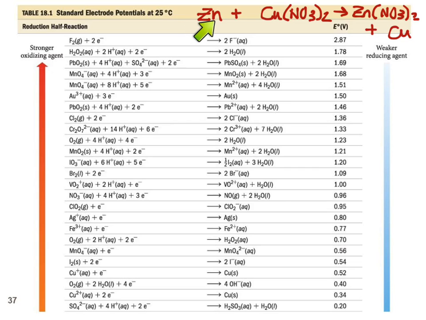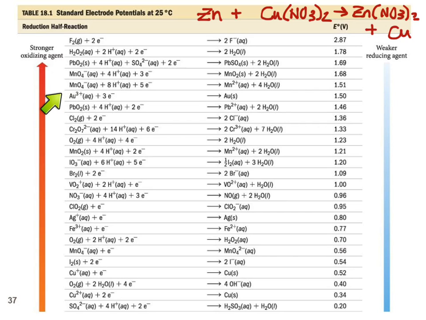On a list, if this is going to be spontaneous in the forward direction, then zinc has to be above copper in the activity series. And so I say the activity series is like the high school girls' list of cool guys, right? And I would take zinc over copper because he's cooler, right? The same thing is going to happen here.